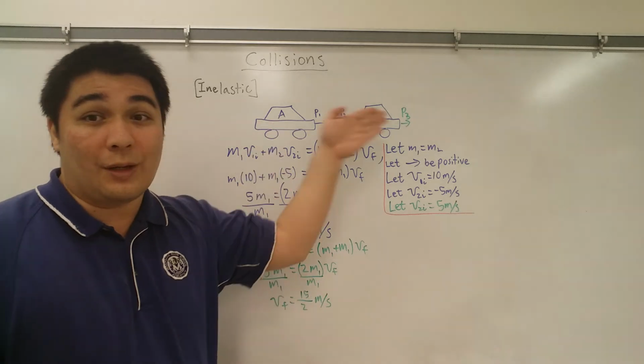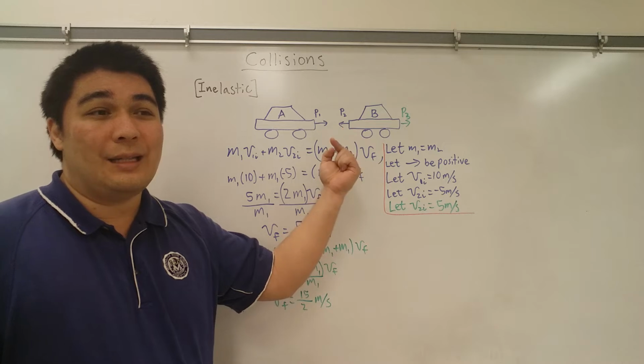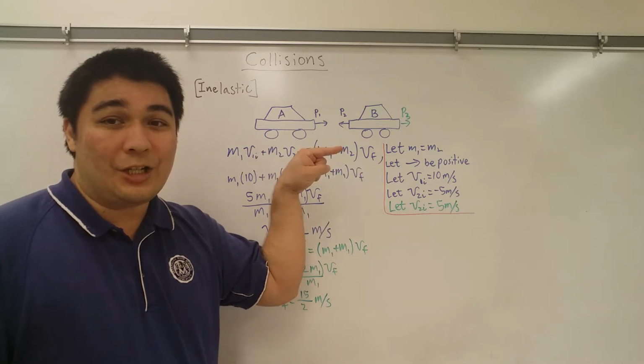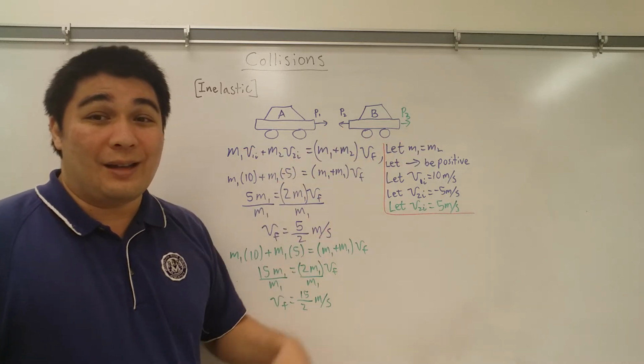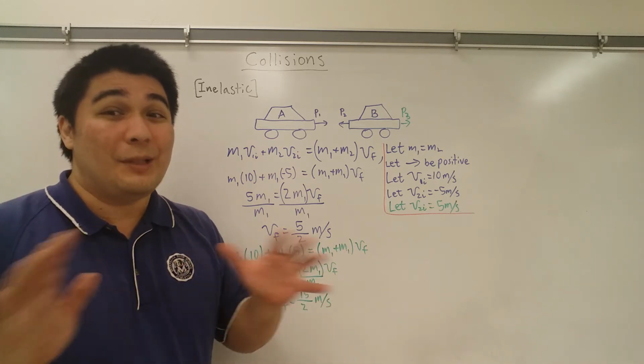It's going forward a lot slower than it was. Car B, on the other hand, not only smashed into car A, but changed its direction and went out, at a reduced rate, but still in the complete opposite direction.